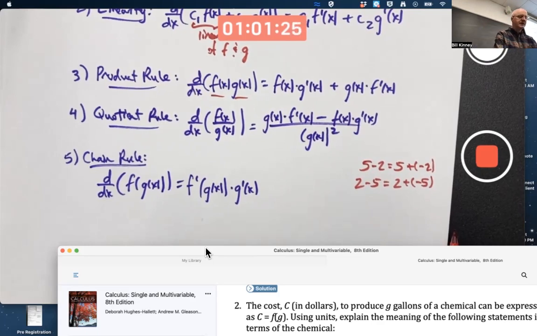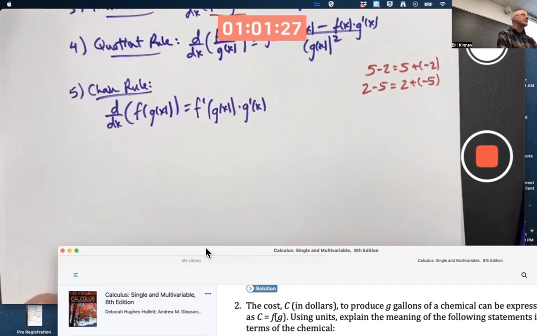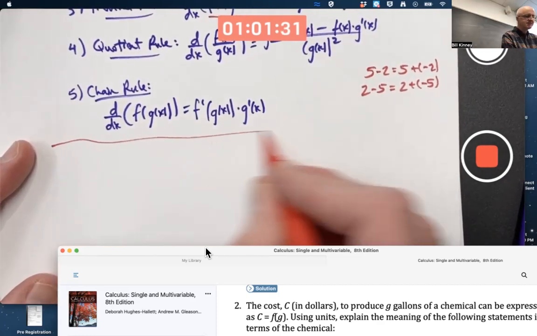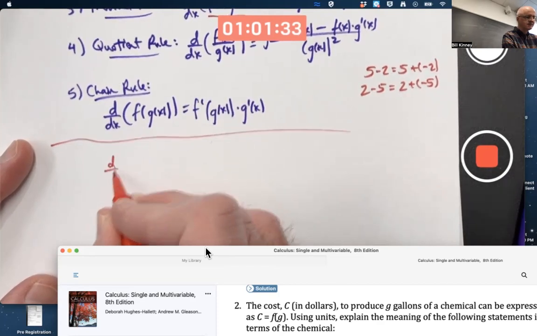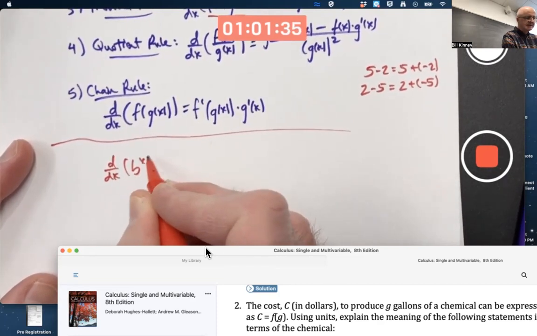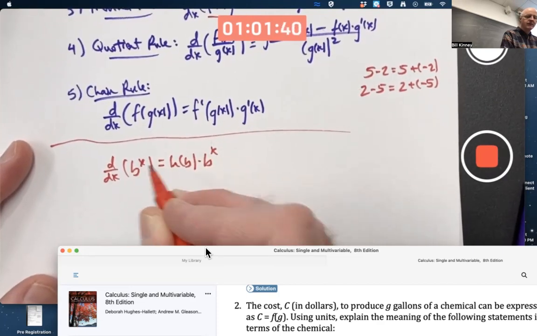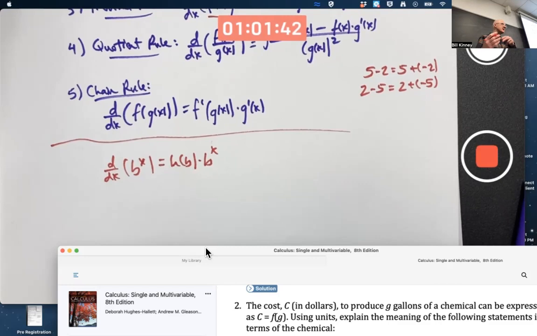Those are the abstract rules. Then we have lots of particular rules, like the derivative of exponential functions. I won't list these as part of the general rules. B to the x is natural log of b times b to the x. The derivative of trig functions, cosine and sine especially, but also tangent and secant are maybe worth memorizing. The derivative of natural log of x is 1 over x.